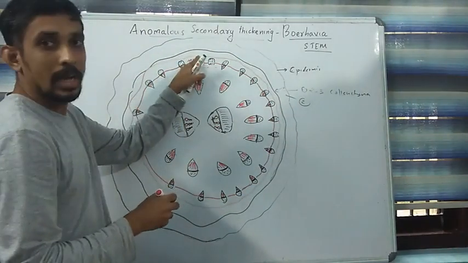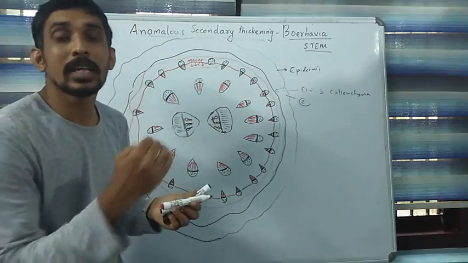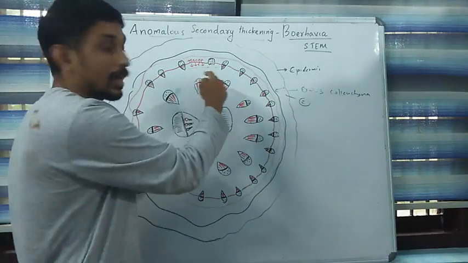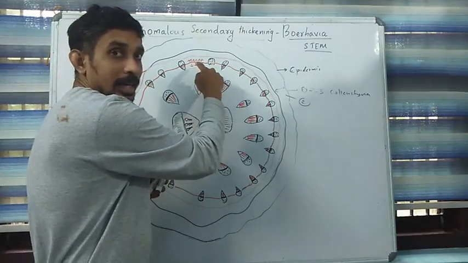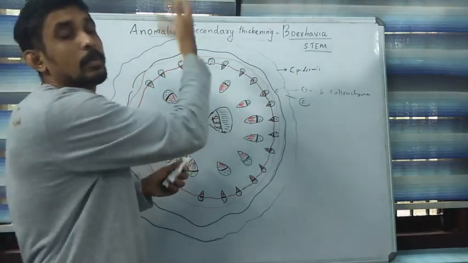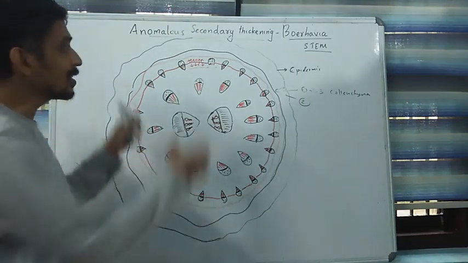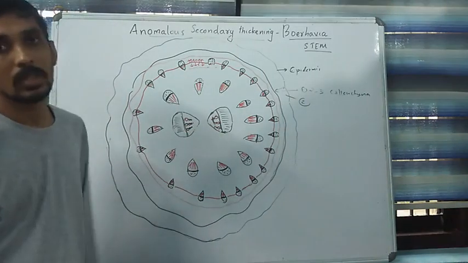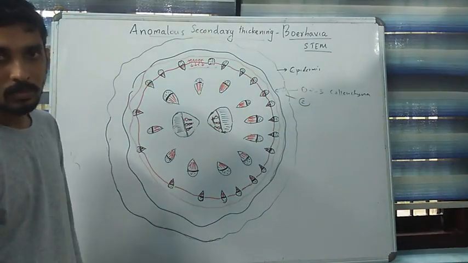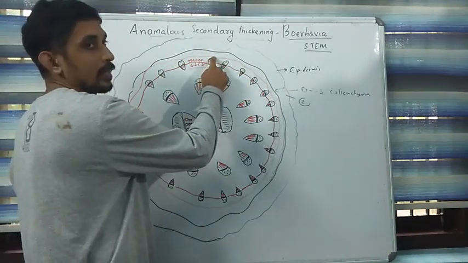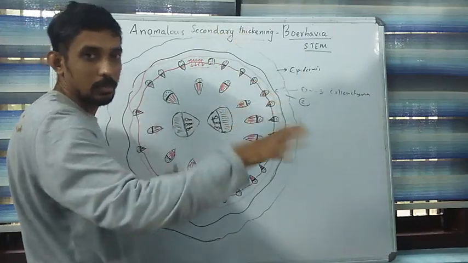And the new cambial ring again produces secondary phloem towards outside, and secondary xylem and conjunctive tissue towards inside. So this is the mechanism which happens in the Boerhaavia stem. And after a particular period of time, again this newly created cambial ring loses its division capacity.